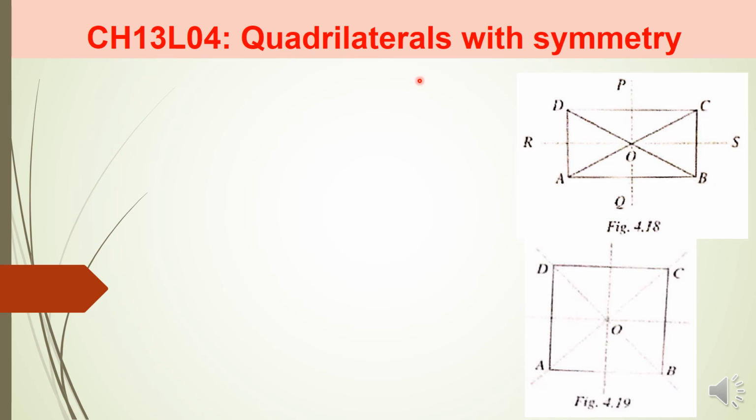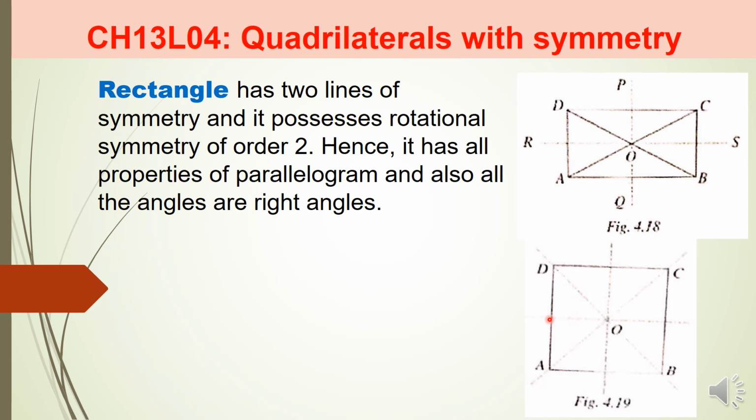And next we go to the rectangle. So this is a rectangle. The number of lines of symmetry is 2. And this one is a square. So we say that a rectangle has two lines of symmetry, and it possesses rotational symmetry of order 2.